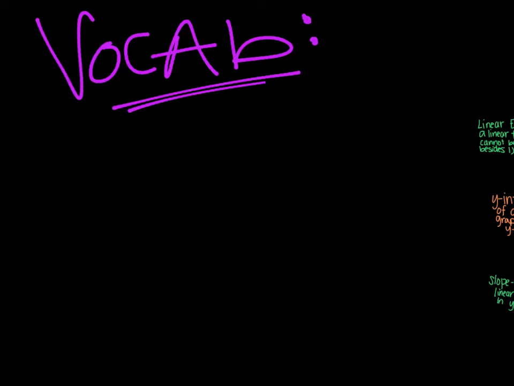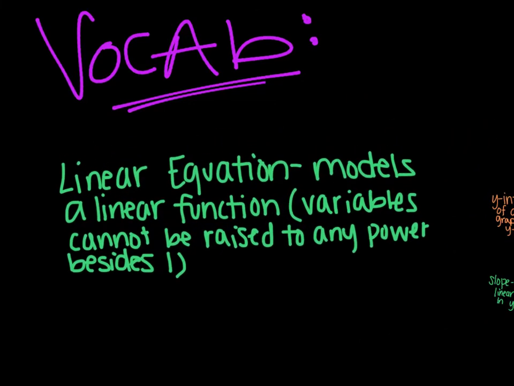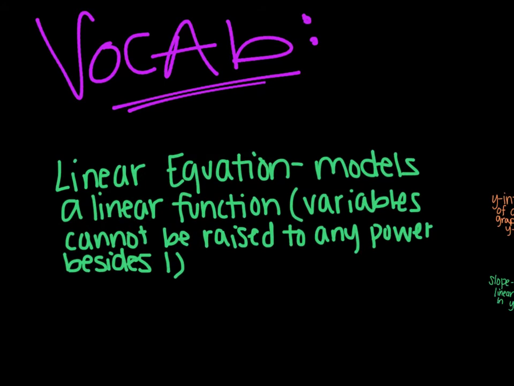Vocabulary that we need to discuss before we can do anything. A linear equation is what models a linear function. And we've learned about those already, but just a reminder that the variables cannot be raised to any power besides 1. In other words, you will not see x cubed, x squared, y cubed, or anything like that.